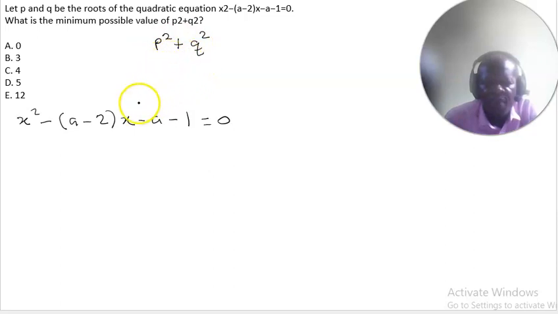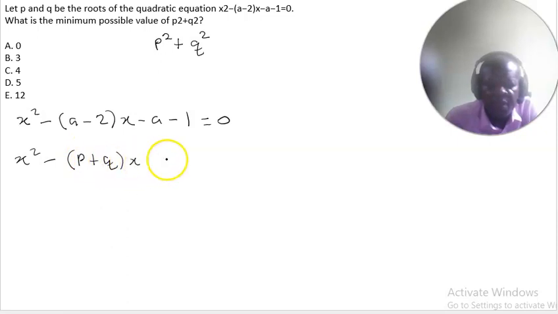So for the quadratic equation with these roots, the equation can be written in this form: x squared minus, since P and Q are the roots, (P plus Q)x plus PQ.